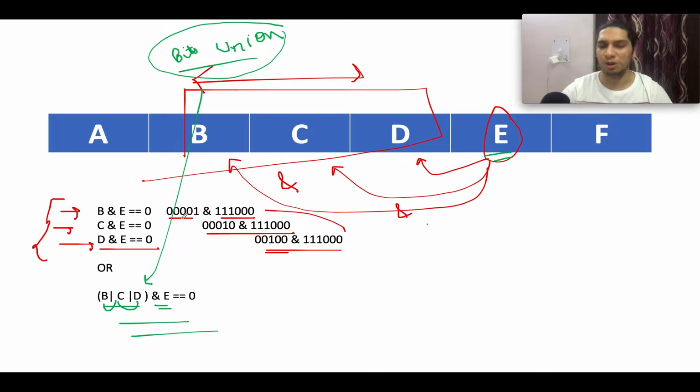So let's go ahead and create this variable for this particular case. So what is the bit union variable for this case? It would be equal to 0, 0, 1, 1, 1. I have basically taken the bitwise OR of these three elements 1, 2 and 3. And once I have that variable with me, what do I do? I perform the AND operation with E, which is this one.